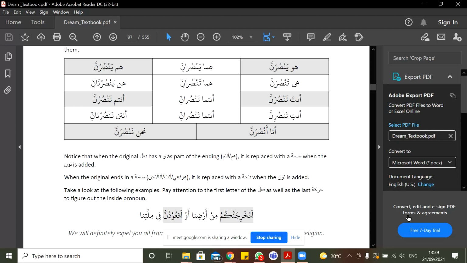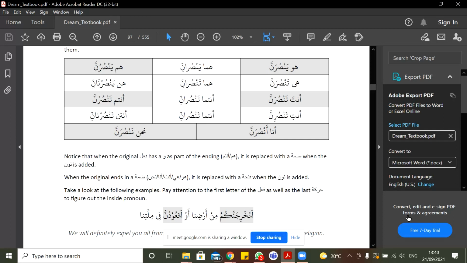First of all, you separate the fail from the maf'ul. Kum is here an attached pronoun, and then la nukhrijanna. So we have la nukhrijanna and then kum. So you know the kum is maf'ul bihi, and we separate it.